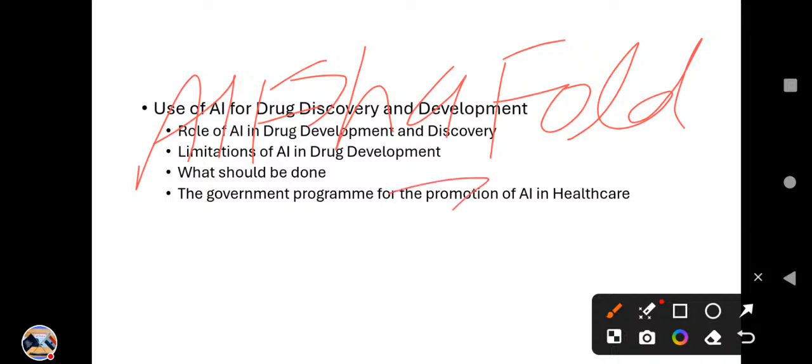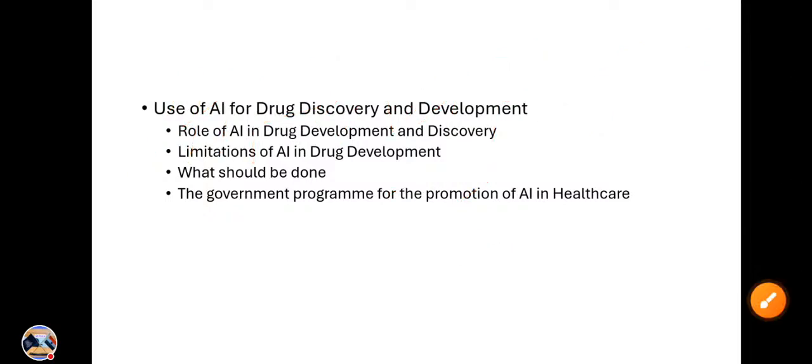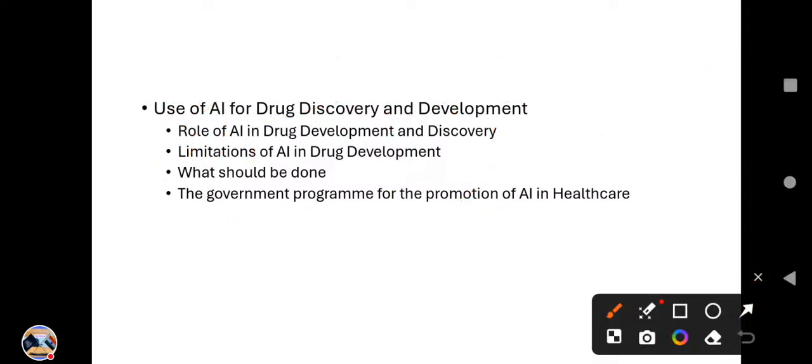AlphaFold 3, and AlphaFold 3 tools, advanced tools are not publicly available, limiting verification and broader use. So these are very technical words that you can remember again and again, okay. You should revise again and again, then you will be able to recognize or recall these tough or complex words, okay.